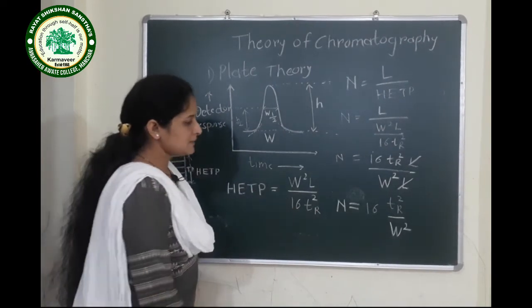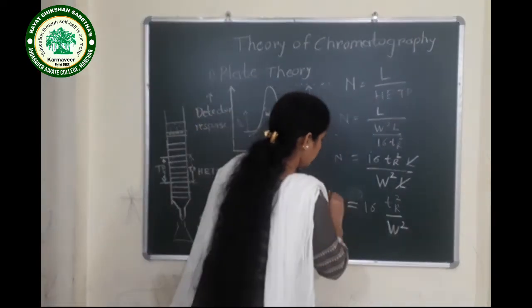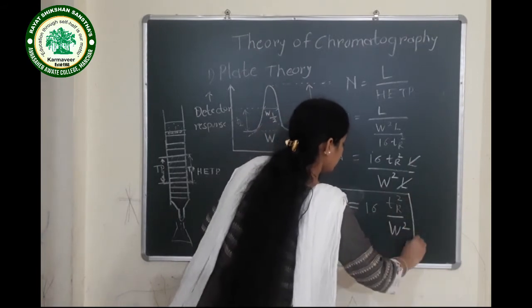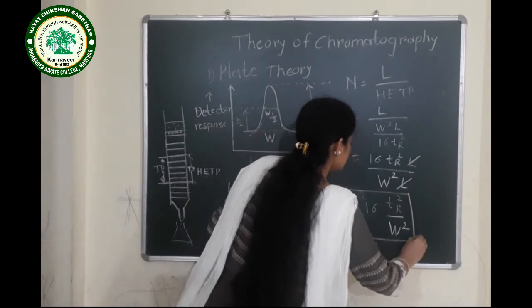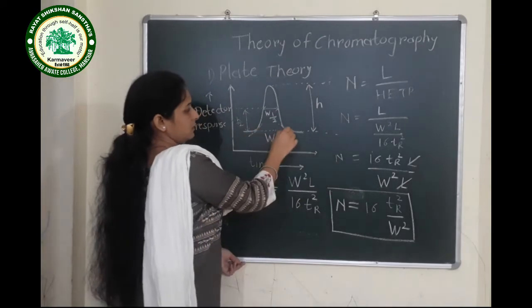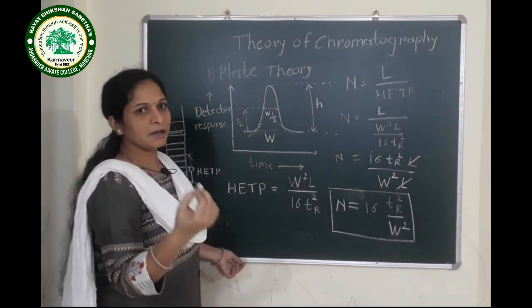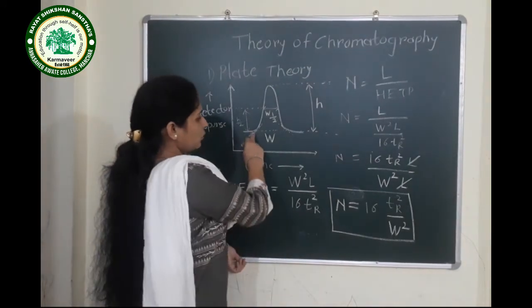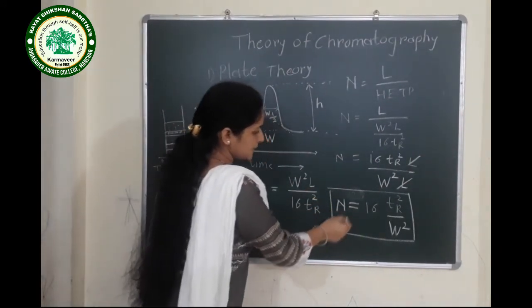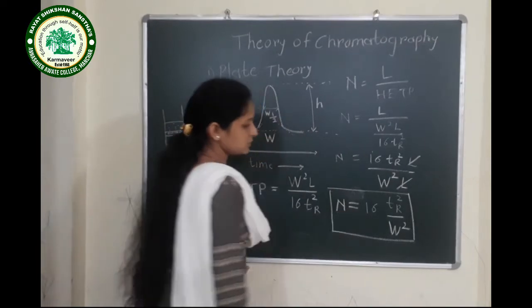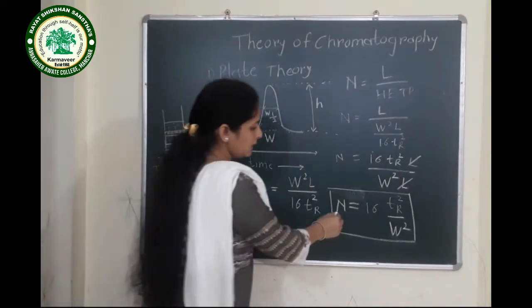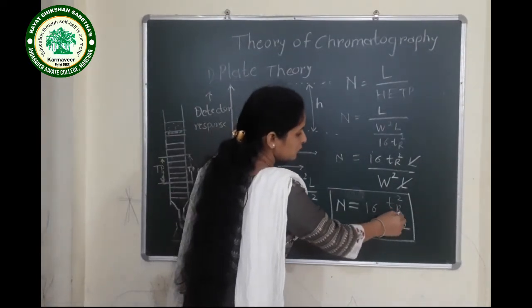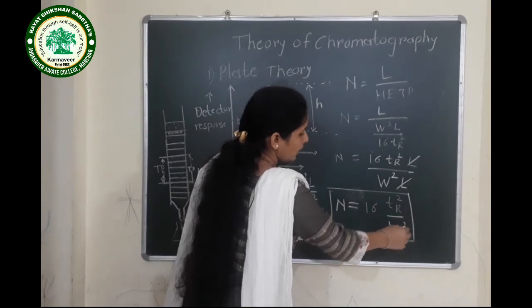The number of the plates can be calculated from this equation if you have the symmetrical peak. If we got the symmetrical peak from the detector response, then we can calculate the number of the plates by using this equation, which is given by N is equal to 16 into TR square upon W square.